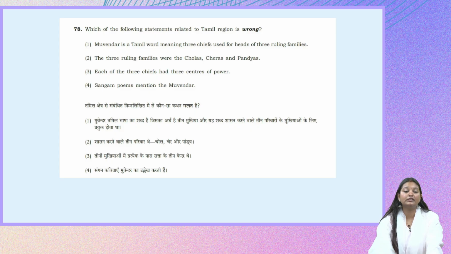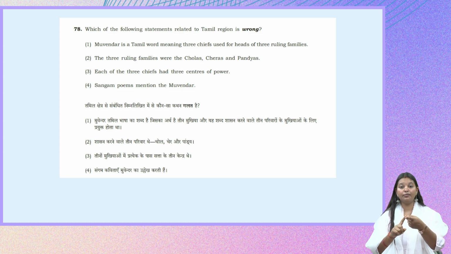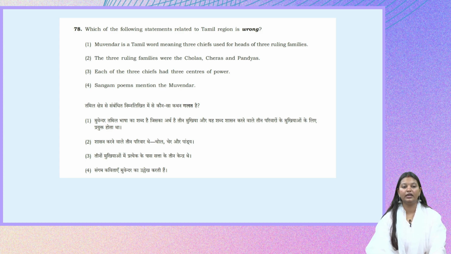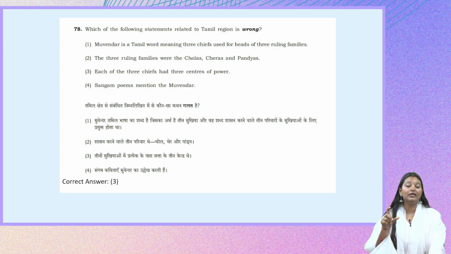Here, the second option is correct. And also, each of the three chiefs had three centers of power. Sangam poems mention the Movendar. So, here the Sangam poems do talk about this. And option 2 is also correct. So now when you look at this, option 3 is the right answer because we are trying to find what is wrong.